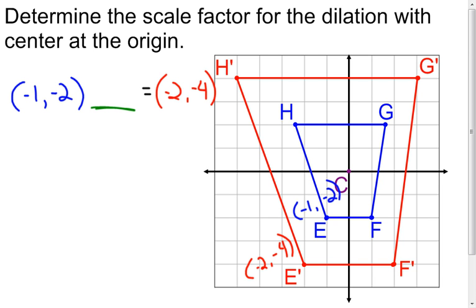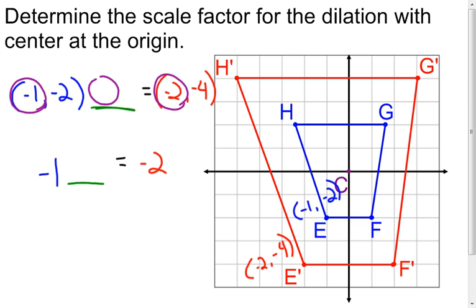I just need part of it. If I just focus on the x's or just the y's, that's going to be enough. So I'm going to look at just -1 and -2, and what's going to go here. So really now my question becomes -1 times what equals -2.